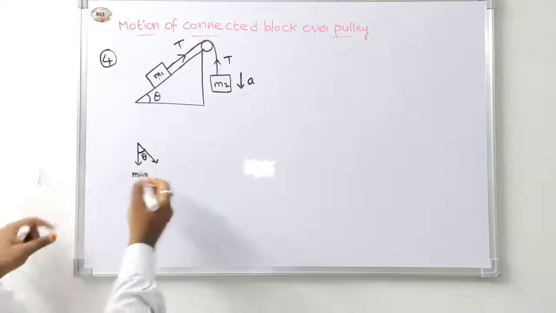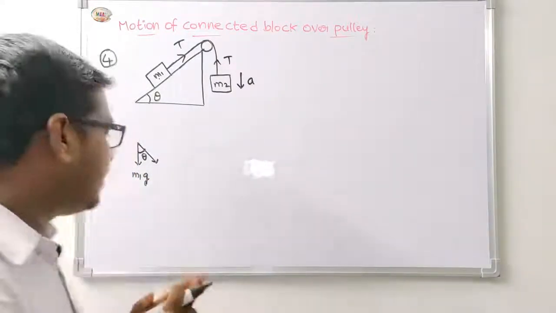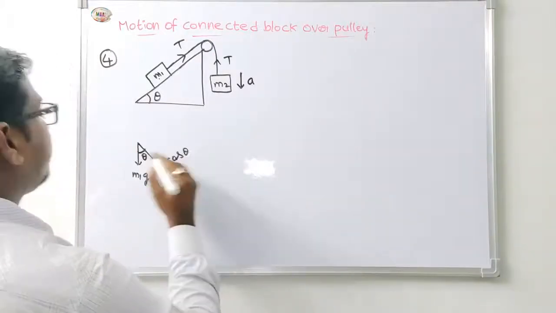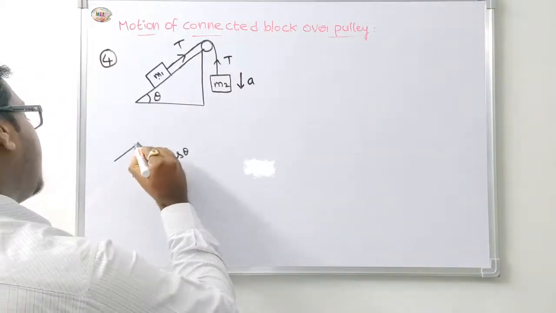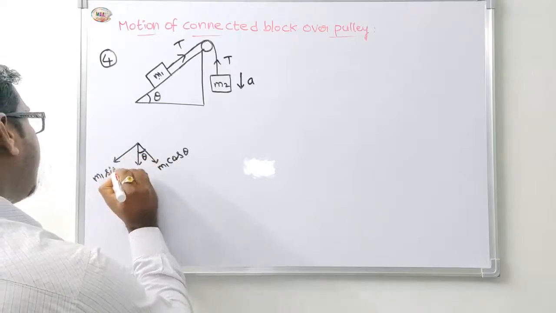Theta is resolved into two components, one horizontal and another vertical: M1G cos theta, and vertically M1G sin theta.